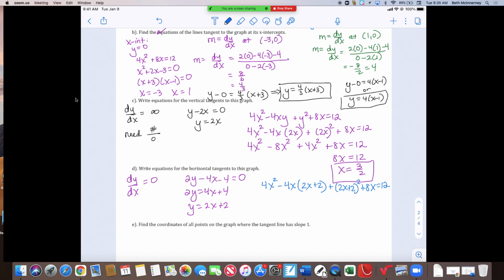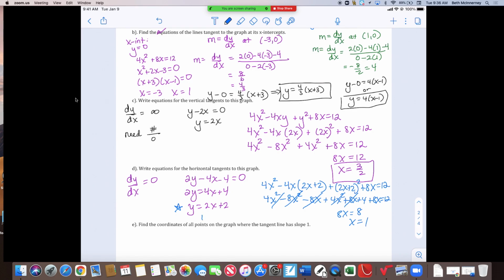But I'm going to find the location, the x-coordinate, on the curve, and then plug it into this equation here. So I get 4x squared minus 8x squared plus 4x squared plus 8x plus 4 plus 8x equals 12. Oh, that's lovely. The x squareds cancel. One pair of 8x's cancel. I get 8x equals 8, so x is 1.